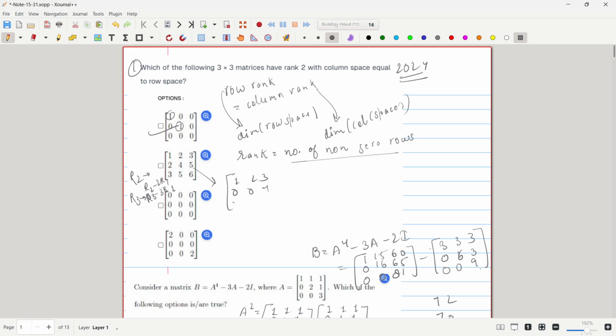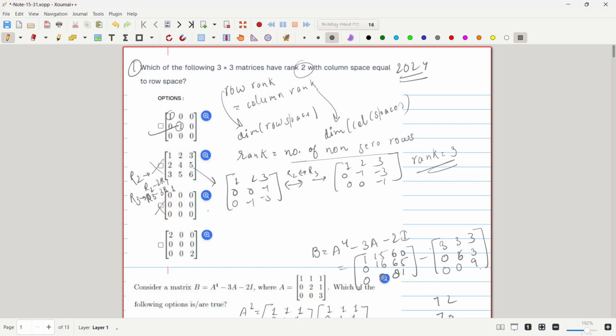So now 3 minus 3 is 0, 5 minus 6 is minus 1, and 6 minus 9 is minus 3. If you interchange R2 with R3, you will get 1, 2, 3, 0, minus 1, minus 3, and 0, 0, minus 1. It contains 3 non-zero rows, so the rank will be 3, but we need only rank 2. So this option is incorrect.